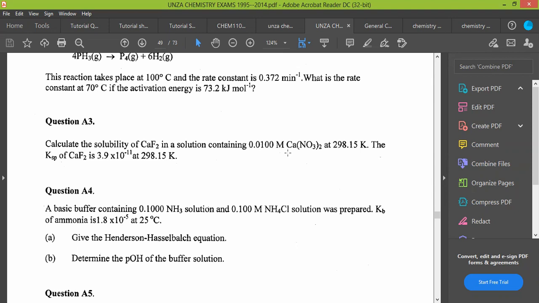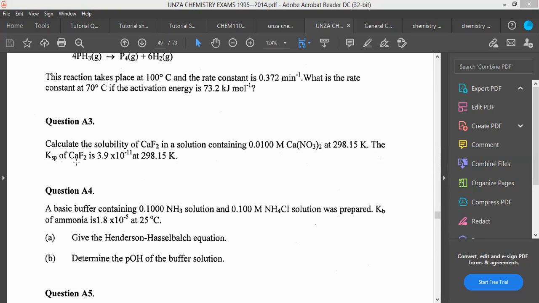After you've done that, you're going to make your ICE table. Your ICE table is going to have the initial concentration. You have calcium nitrate. Calculate the solubility of calcium fluoride in a solution containing 0.1 molar calcium nitrate.